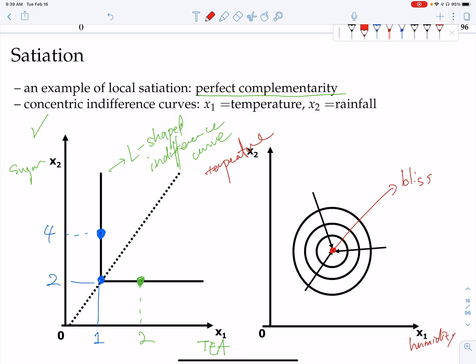In the sense that when I'm choosing a location where to live, I'm choosing a temperature and humidity, right? So in that sense, we can treat the weather as a consumption good. So remember, everything can be considered as a consumption good, even the service, location, temperature, humidity, traffic, anything.